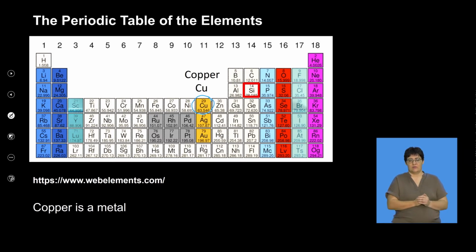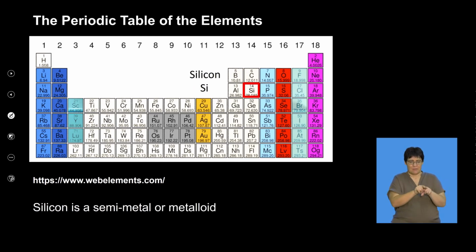Silicon is also another element because it consists of atoms of the same kind. And then moving forward, silicon is a semi-metal. So in terms of classification, all metals will be more to the left of the periodic table, while to the right we've got non-metals. In between, there's a collection of a few semi-metals or metalloids.